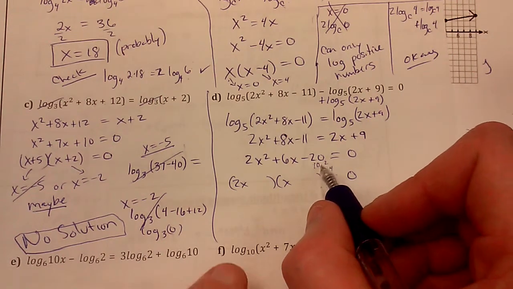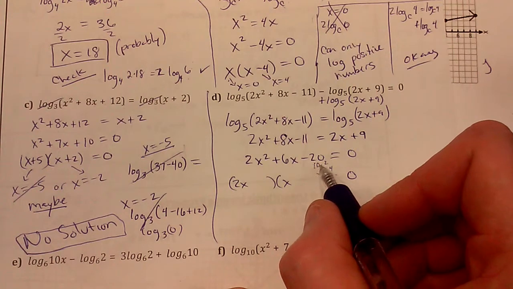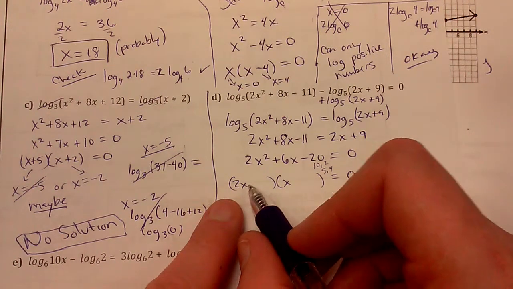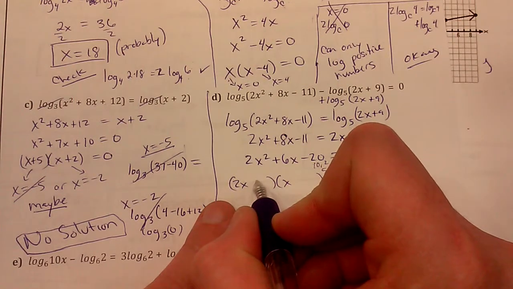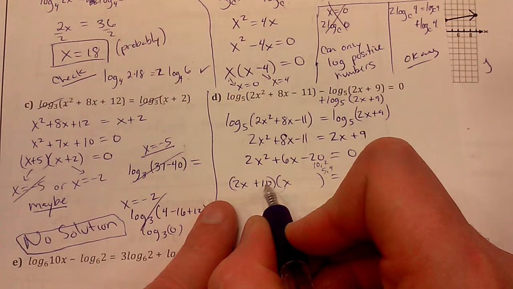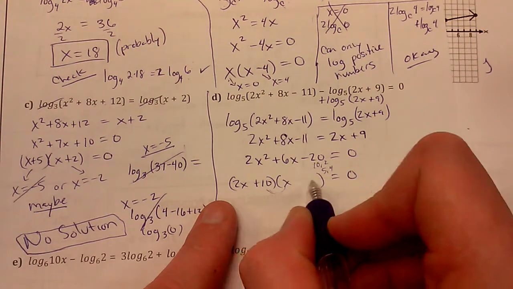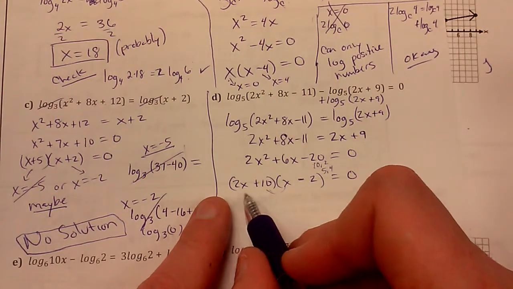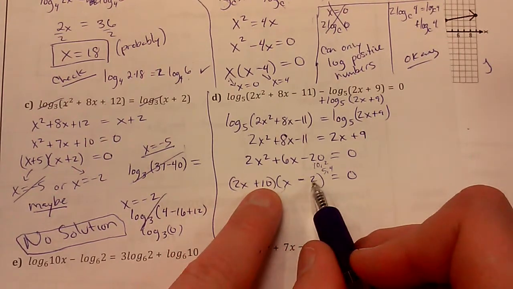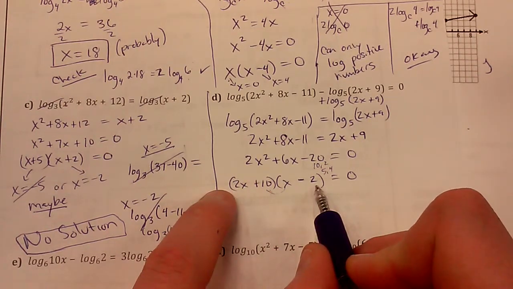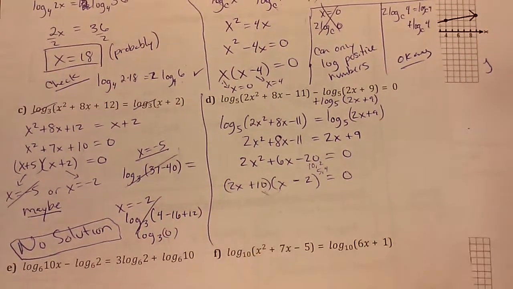Okay, so if this is a positive 10, then when I multiply this, I get positive 10x. And if this is a minus 2, then when I multiply this, I get negative 4x. So I get the negative 20 for C. And then when I do my insides and outsides, I get a positive 6x. So there's my guess and check right there.